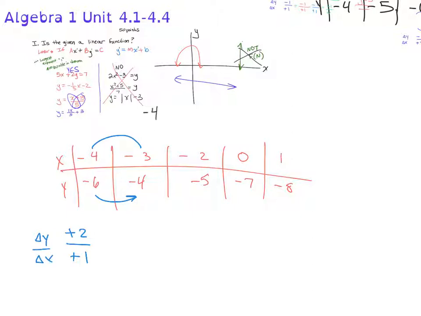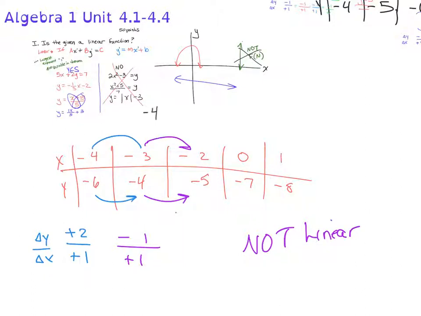The next change of y over change of x, I went down by 1, up by 1. I'm already not linear because it's different. So this is not linear. Again, it may be a function, but it's not linear because in order to be linear, you have to have a constant rate of change.